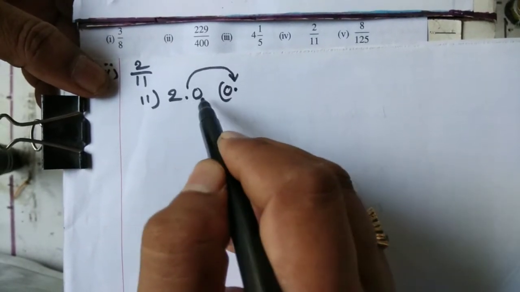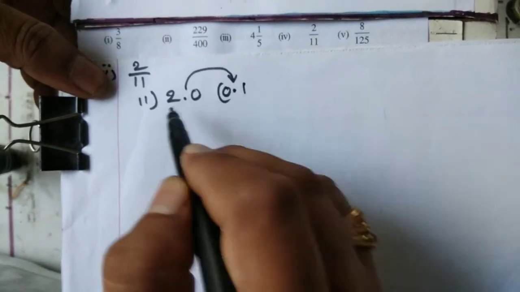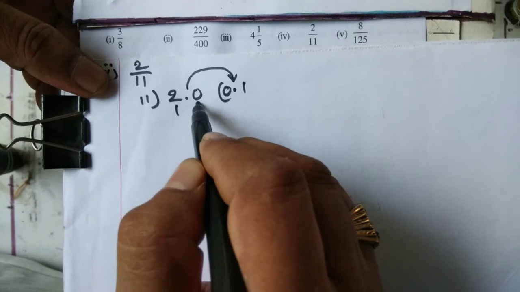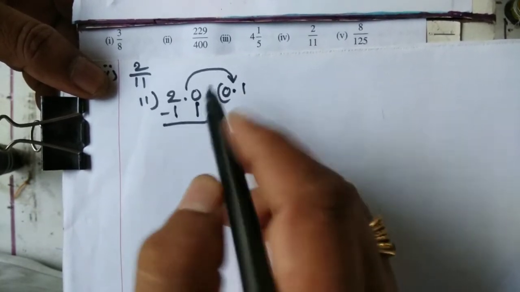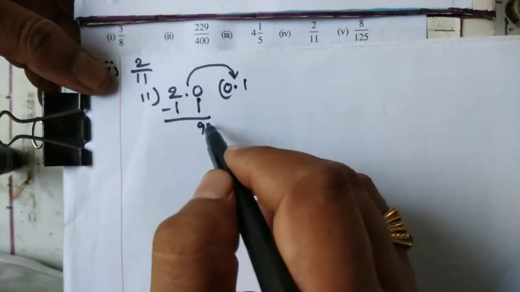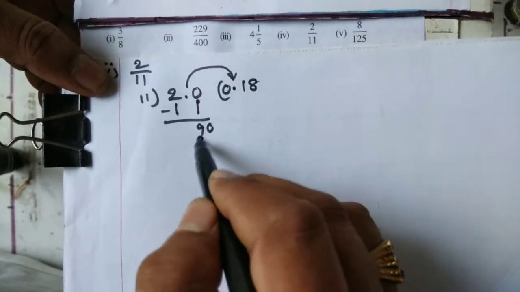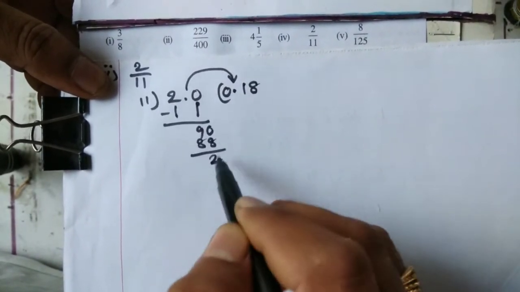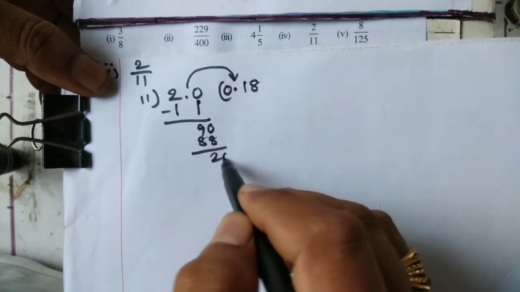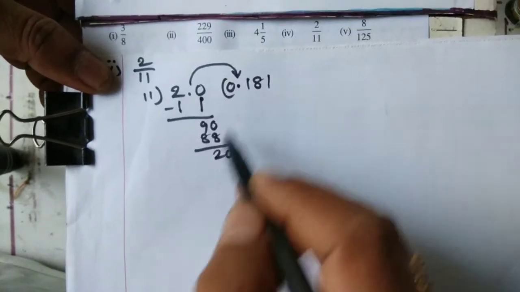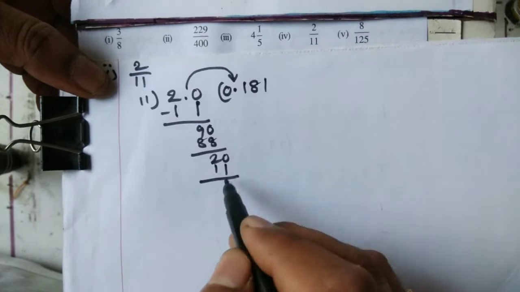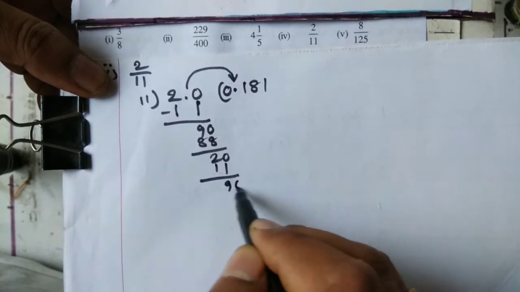So now here we have 20. 11 1s are 11. 9. Bring down 1 0. 11 8s are 88. 2. Bring down 1 0. 11 1s are 11. 9. Bring down 1 0.